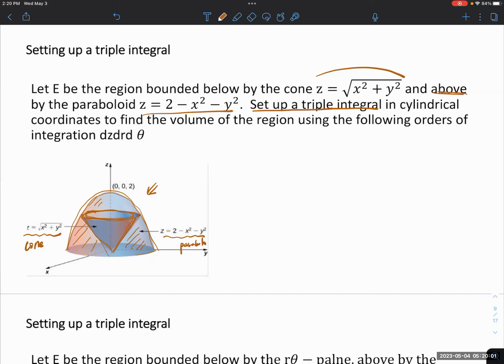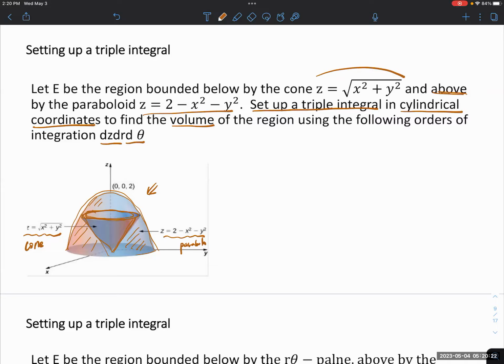We're definitely going to convert it to cylindrical because rectangular xy is complicated. The order should be dz, dr, d theta. They define which one you have to do.